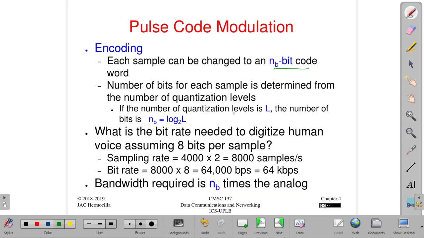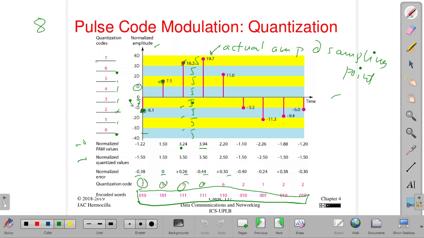So if the number of quantization levels is L, the number of bits is n equals log L to the base 2. So since we have 8 quantization levels here, we'll have 3 bits to represent each code.